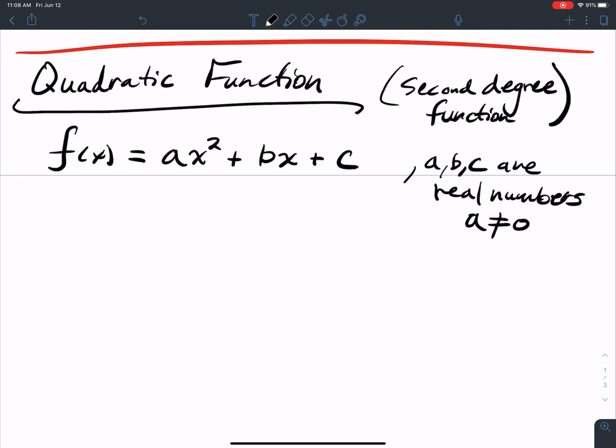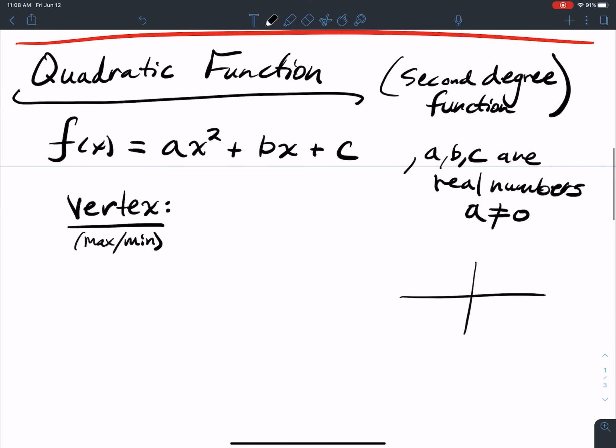The vertex is either the max or min of a quadratic function. Like the vertex here, that would be the maximum. If you had another quadratic function and it opened like this, that would be the minimum. Okay.